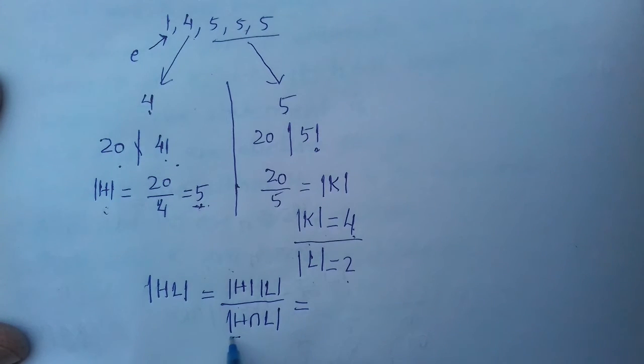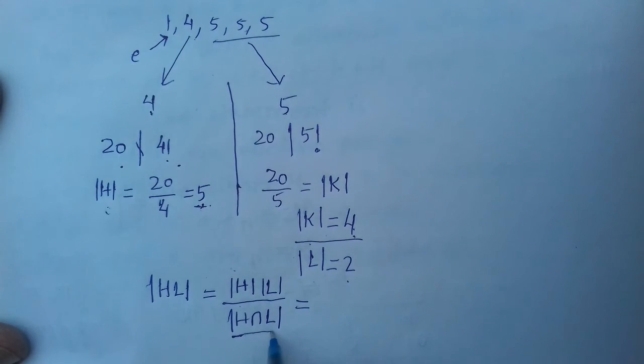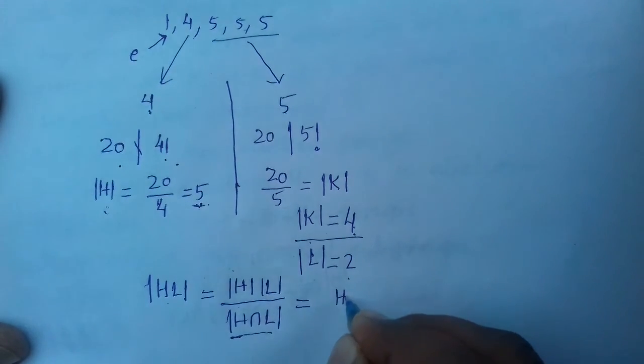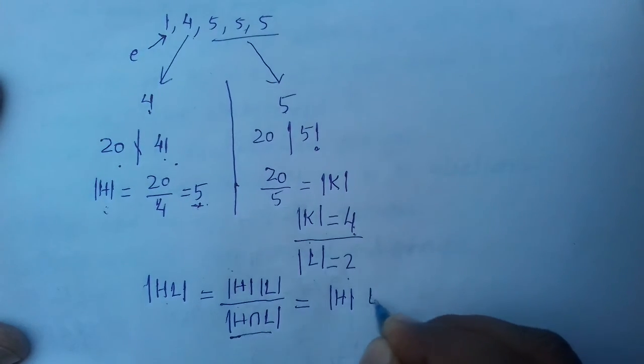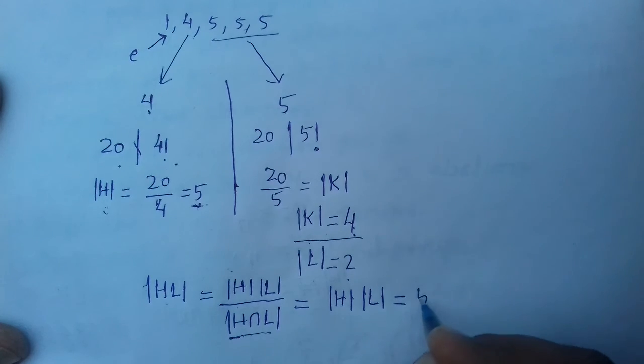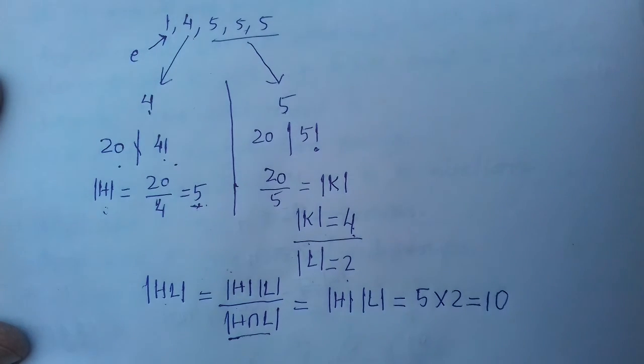So the order of H intersection L will be 1. So the order of HL will be the order of H, 5, times the order of L, 2, so this will be 10.